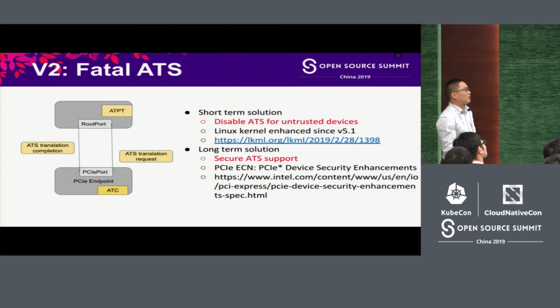And we have short-term and long-term solutions. For the short-term solution, for untrusted devices, we will always disable ATS. We've done this part, and we have already released it in version 5.1, and for the long-term solution we will secure ATS support and improve the data efficiency.